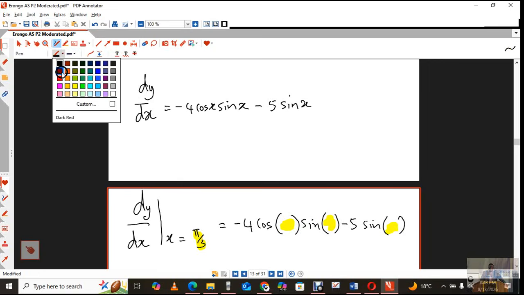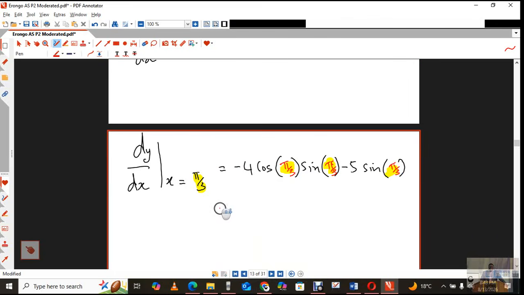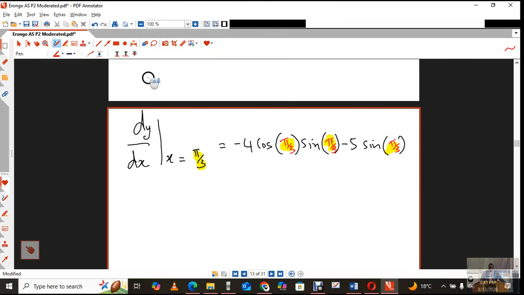Good. So this is going to be pi over 3, pi over 3, pi over 3. So you do have a calculator where you can play around with this. From special triangle, maybe I should do my triangles over here.